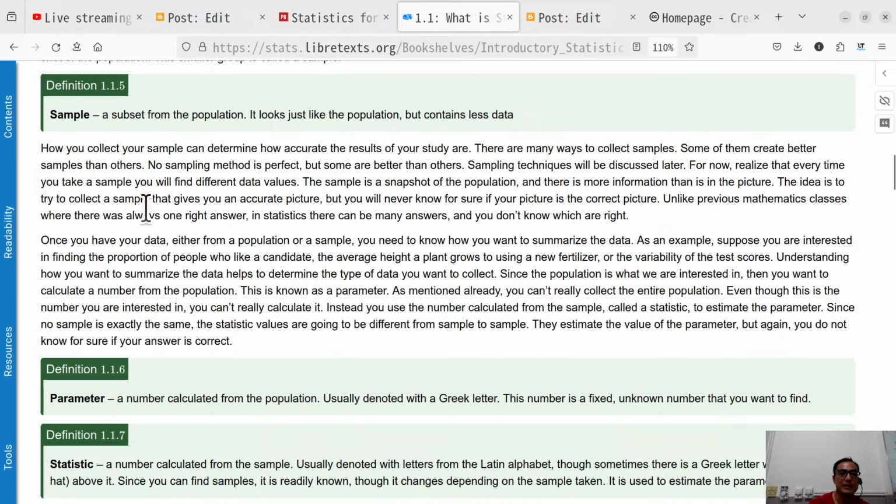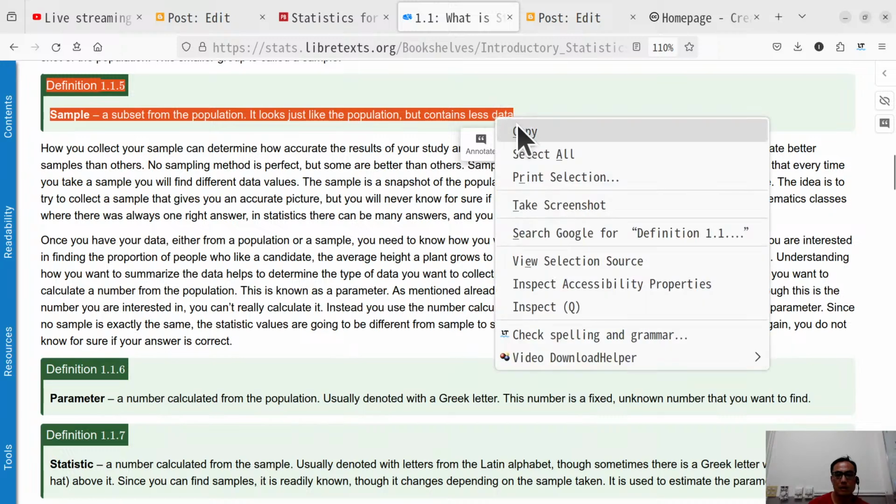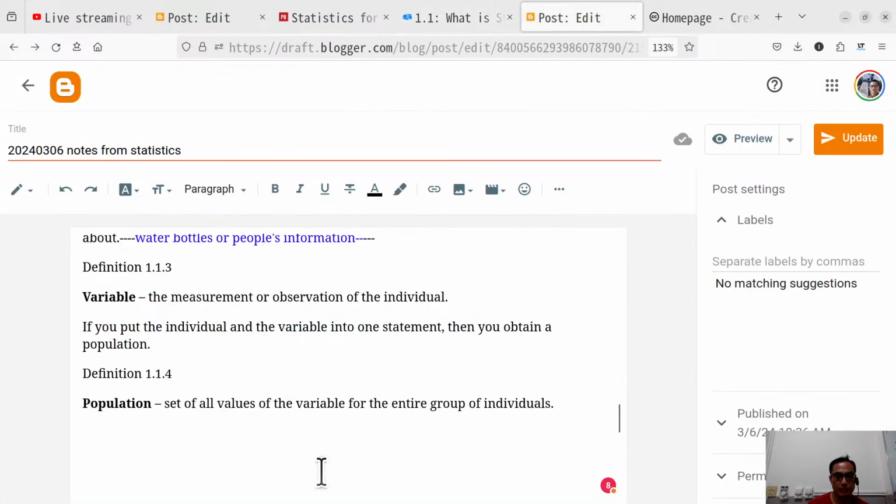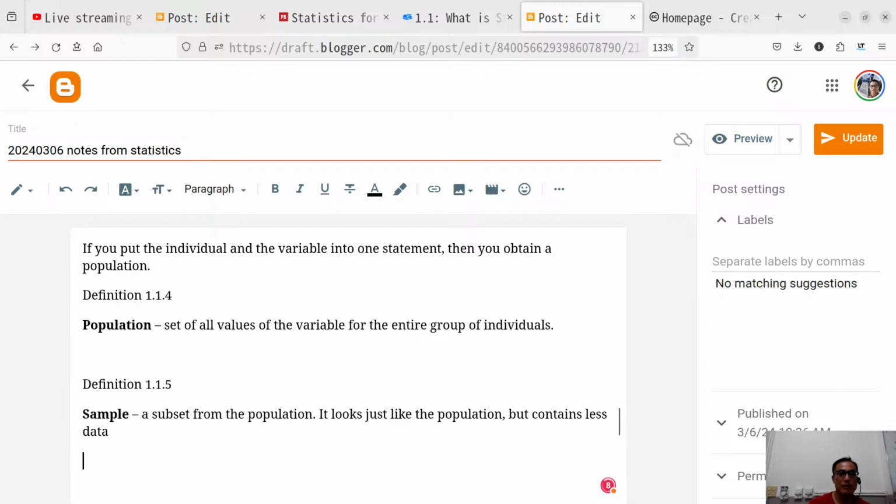And I just explained here the definition of sample. And you can have your notes like this. It is not possible, or it is impossible, to get the whole information from the population.